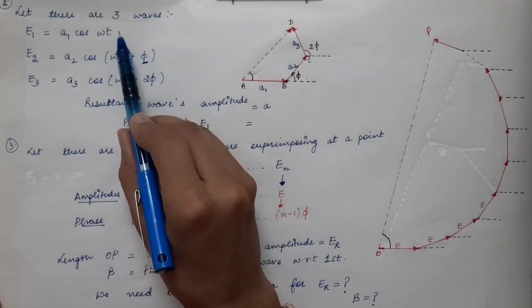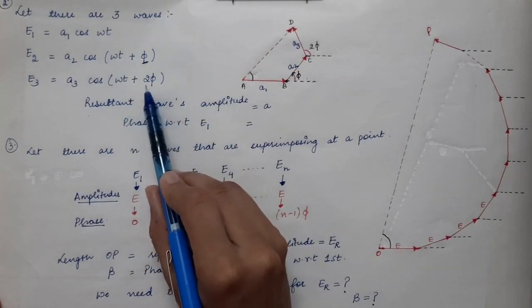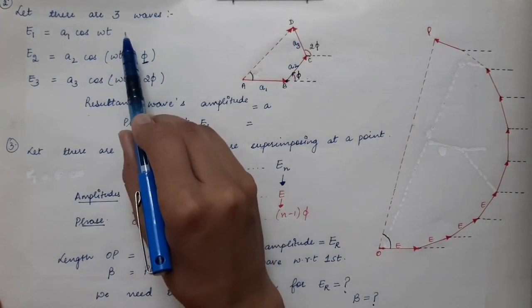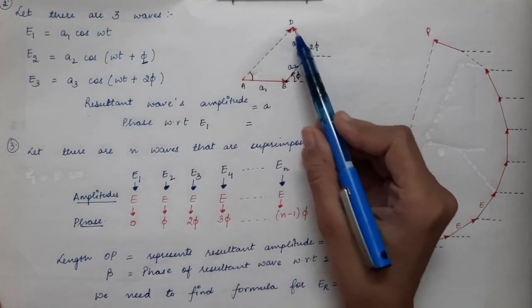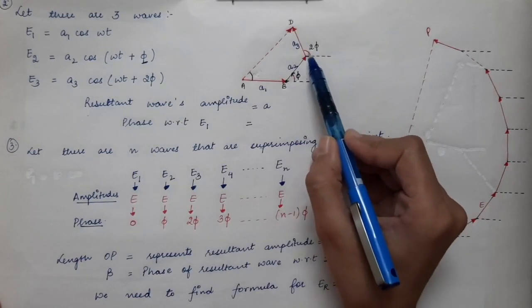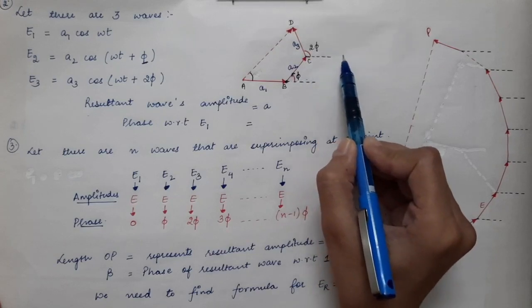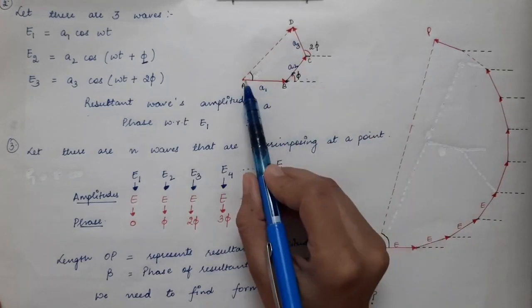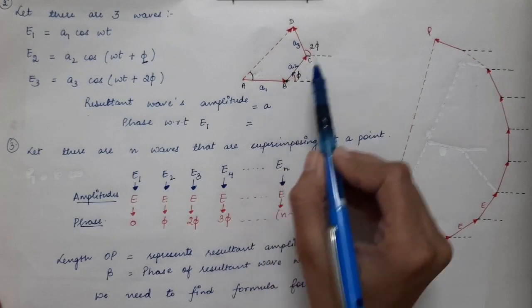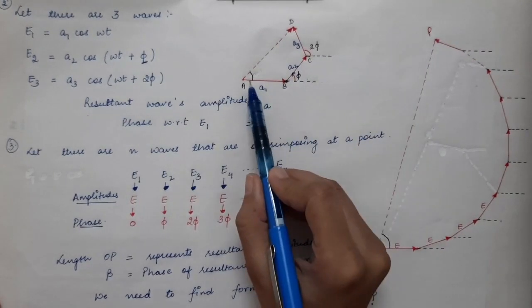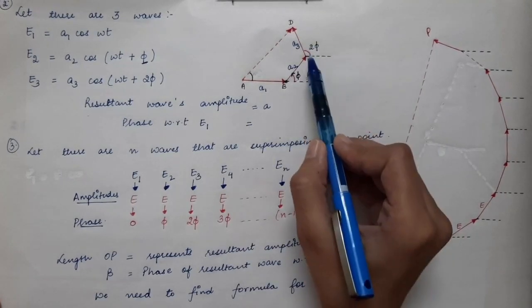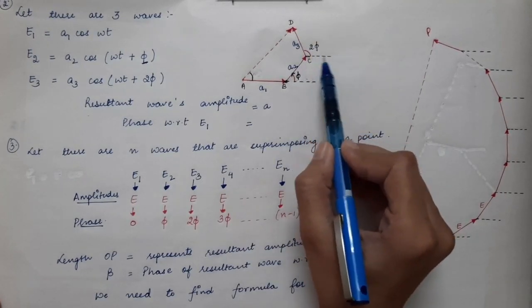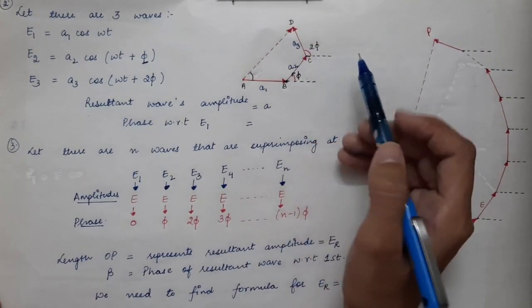The first had a phase of 0 and the third has an extra phase of 2 phi. So this CD vector will make an angle of 2 phi with the horizontal, and the horizontal is nothing but the direction of the AB vector.